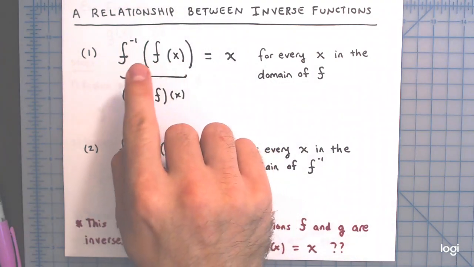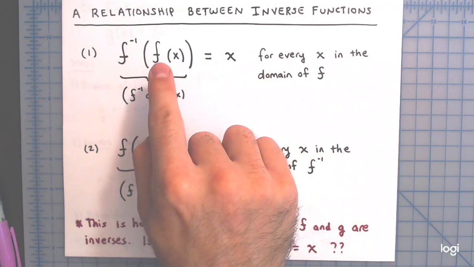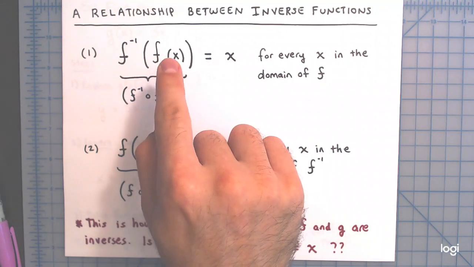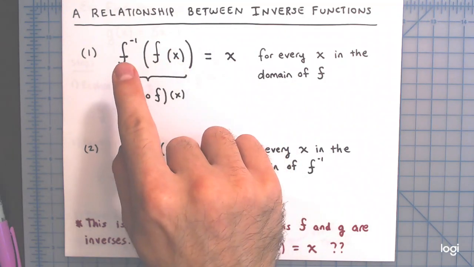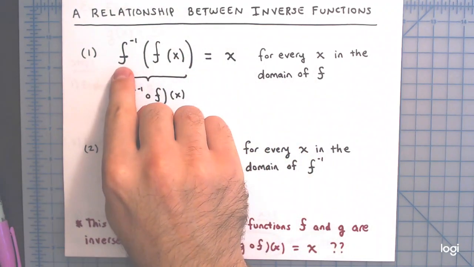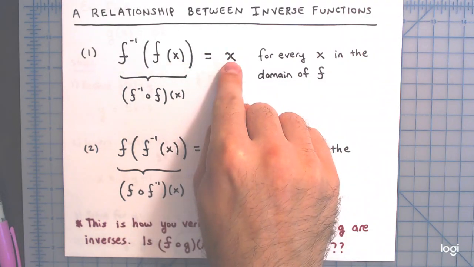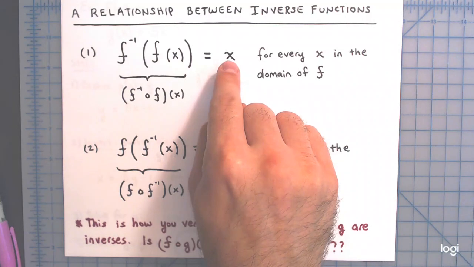If you compose two inverses and the value that you're plugging in is actually in the domain of f, I would plug x into f, giving me some output, and then take that output, plug it into the inverse. Well, that would take you right back to x, because remember, the inverses just reverse one another. You just switch the x's and y's. So when you compose f inverse with f at any input, what you're left with is that very input you started with, just x itself.